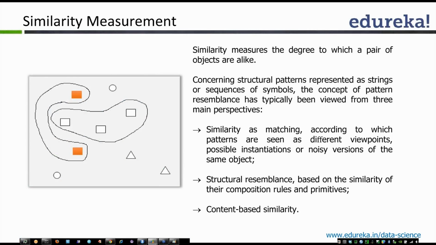Similarity measures the degree to which a pair of objects are alike or similar. It essentially says similarity as matching, according to which patterns are seen as different viewpoints or possible instantiations. You can go through the slide, but all it says is there are multiple types of similarity depending on the underlying data.